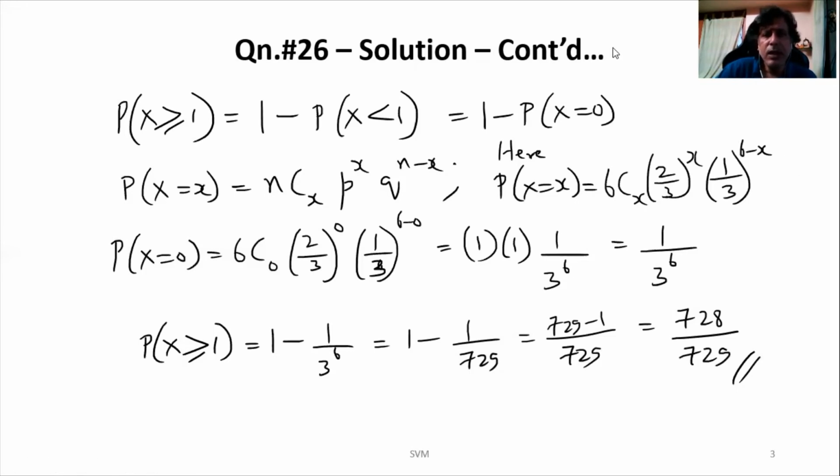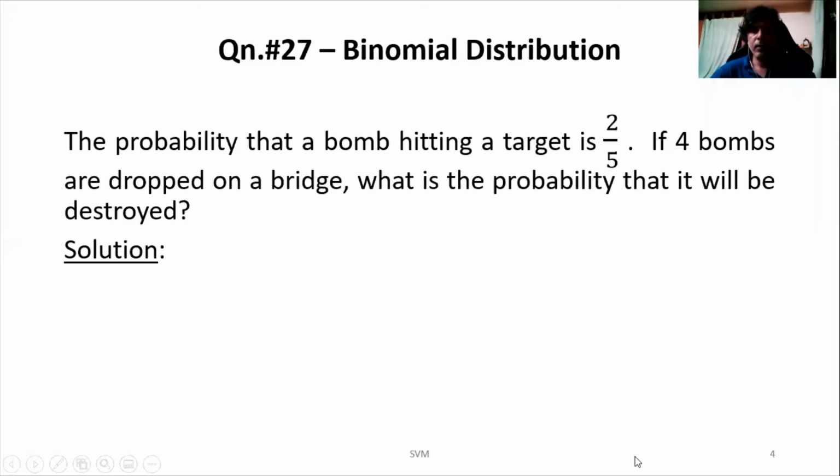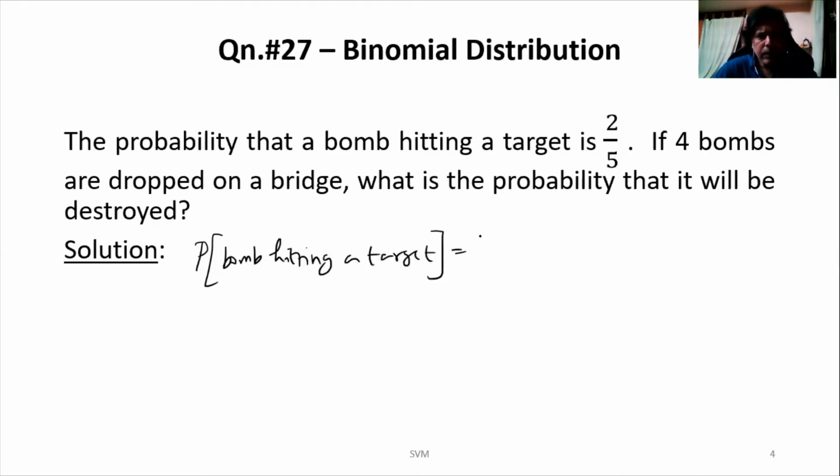So now we will move on to the next question. In this question number 27, it is given that the probability of a bomb hitting a target is 2 by 5, which is nothing but the probability of success.